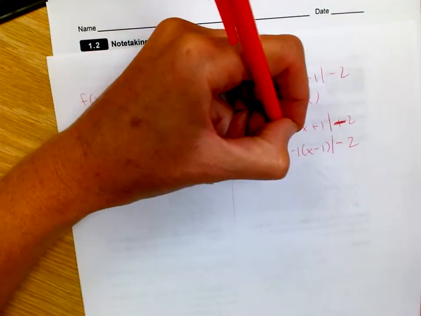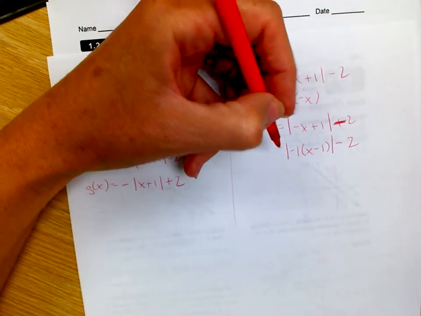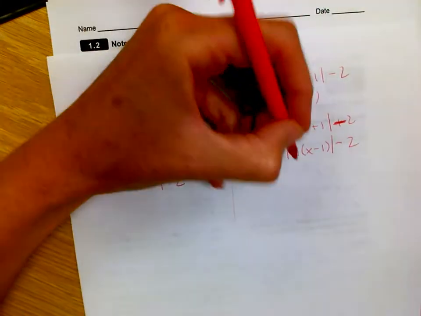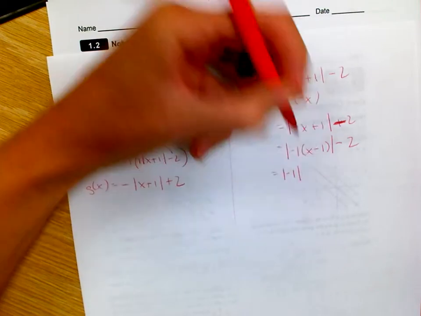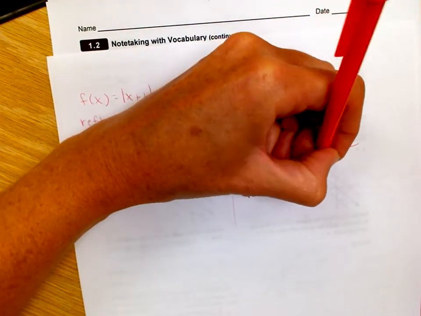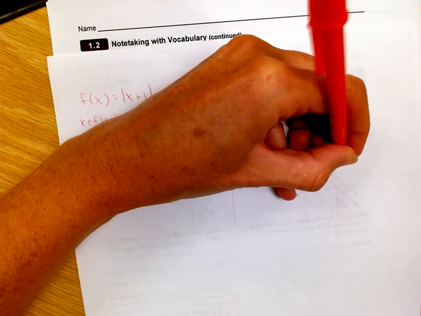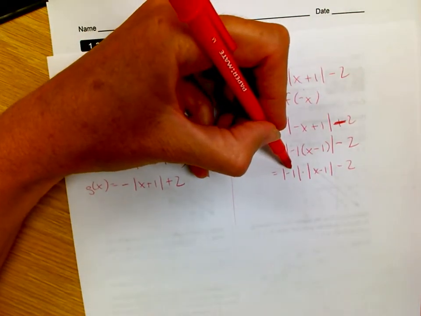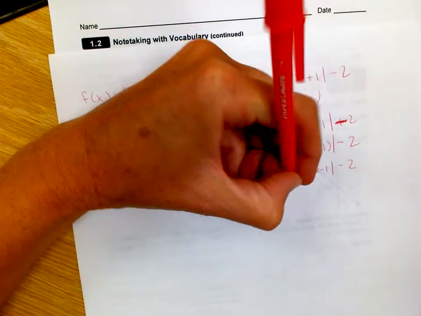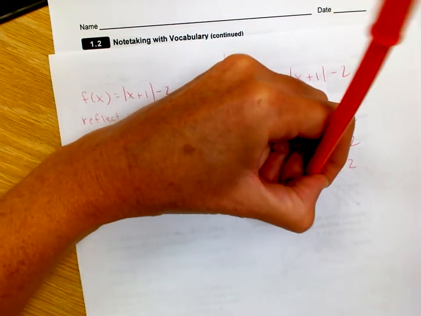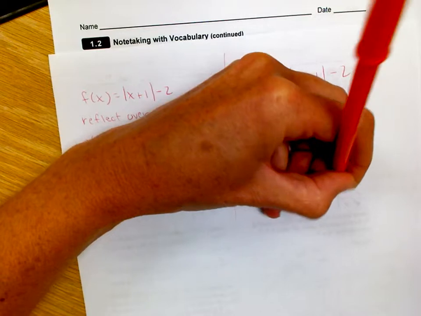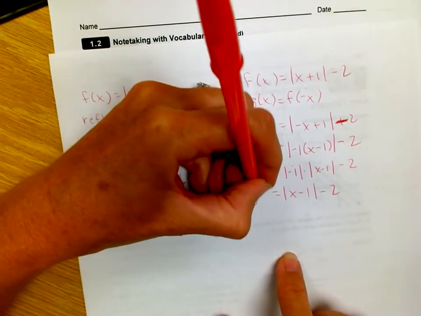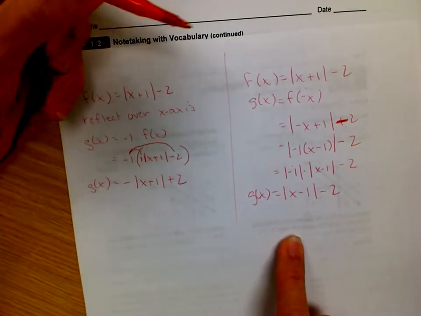Okay? But now, when you have a multiplication problem within absolute value, you can actually split that up into 2 pieces. I can do the absolute value of -1 times the absolute value of x minus 1. But then if you ask yourself, what is the absolute value of -1? It's just 1. And so my final answer would be the absolute value of x minus 1 minus 2. Now, I know that seems like a lot of work, and you do not have to do that much work each time.